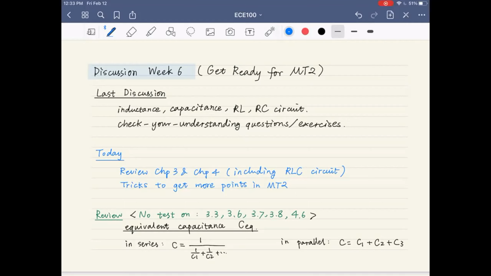If I have time, I will solve with step 1, step 2, step 3," but they had no time to write down their answers. To avoid such a situation happening again, I will share some tricks with you from the perspective of graders. Okay, so let's start with the review.